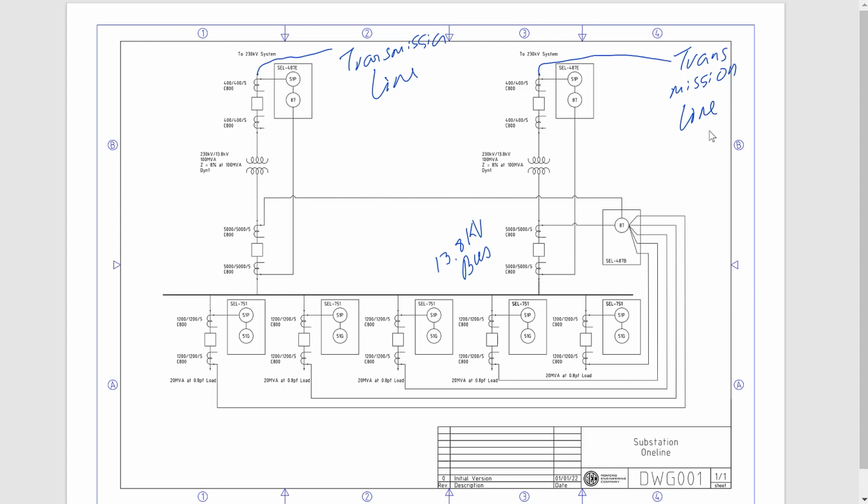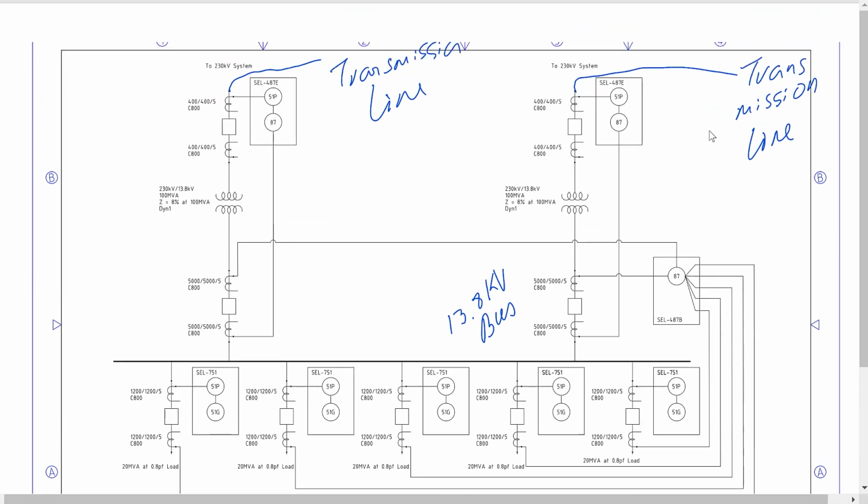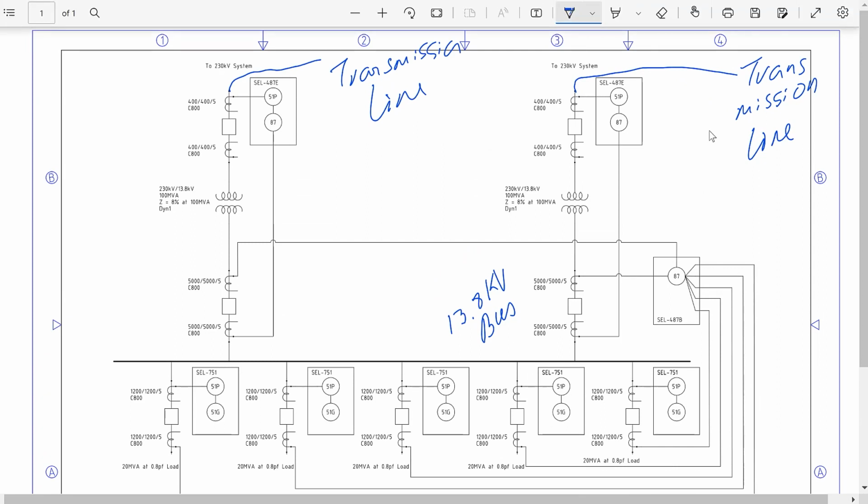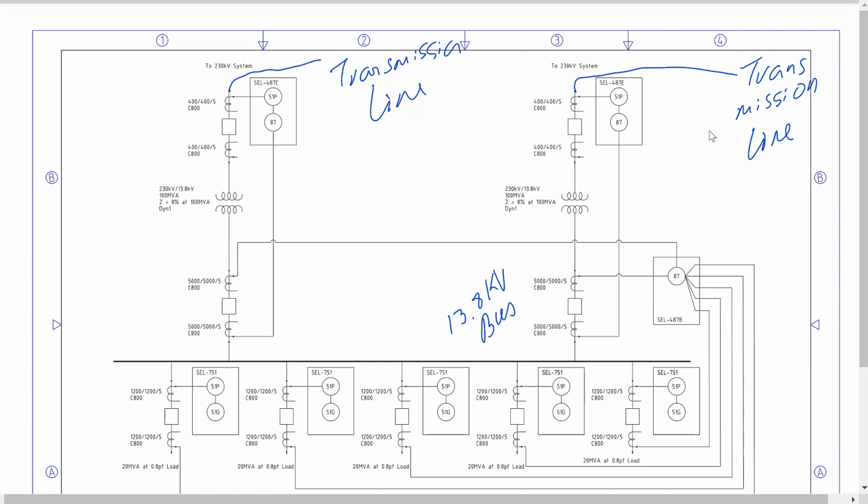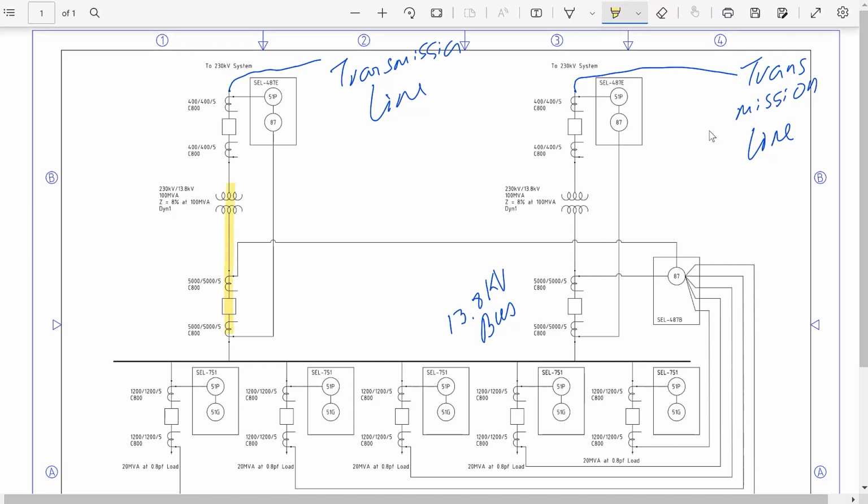Now in this case, we're going to be implementing a transformer differential scheme for this transformer over here on the left. So let me zoom in to the transformer, and we're essentially going to be performing a transformer differential scheme that covers this part of the system.